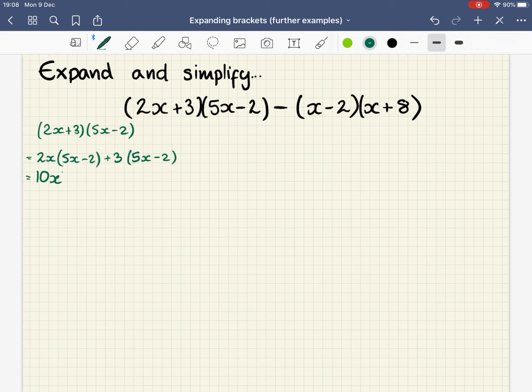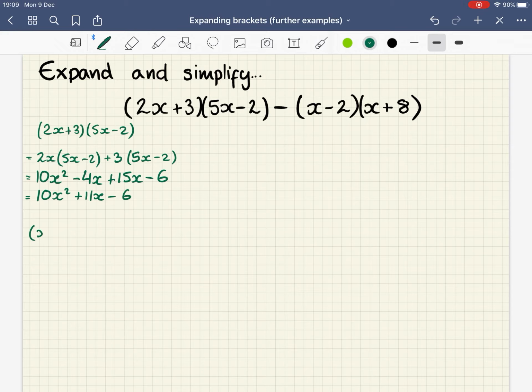Then x times x is x squared. 2 times the negative 2 there, it's going to be negative 4x. Plus 15x, that'll be negative 6. I seem to be getting a lot of negative 6 in these. And then collecting all our like terms together, we now have 10x squared, negative 4, add 15, that's going to give me plus 11x. With that negative 6 on the end.